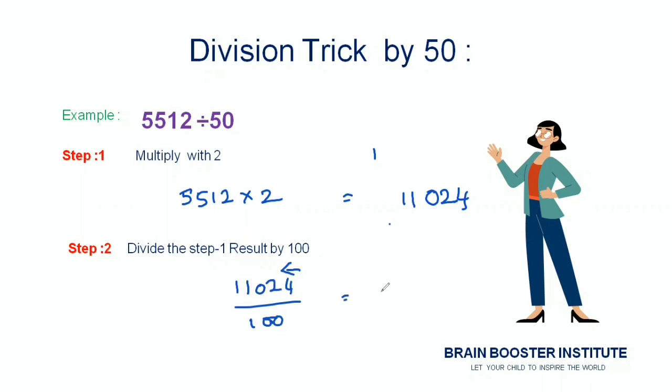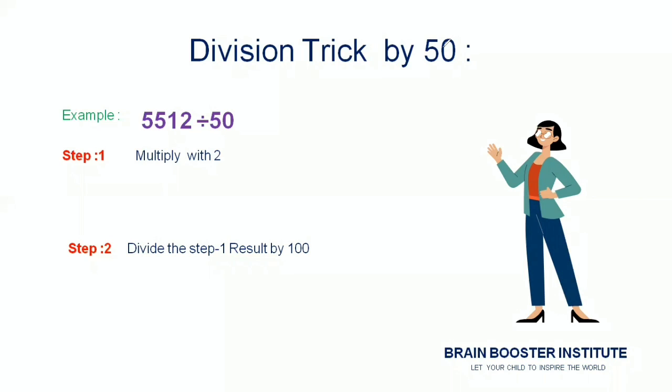So what do you get here? 110.24 is the exact answer when we divide 5512 by 50. I hope you understood. If you go through each and every step, definitely you are going to get the answer. Now let's go with another problem.